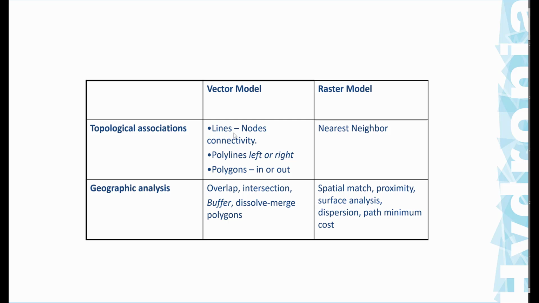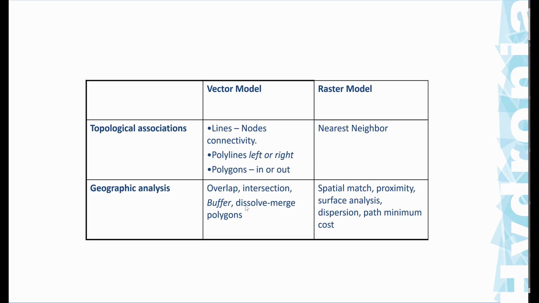But the fact that you can have those allows you to make connections or relations. For instance, with nodes, you can understand the node connectivity with other nodes, and with polylines, you can analyze which is the left side or the right side of the polyline, depending on the direction you are traveling through that polyline. And in polygons, you can detect whether a given point is inside or outside. The only thing you can do in terms of topological associations with the raster model is the nearest neighbor, and it has some limitations as well.